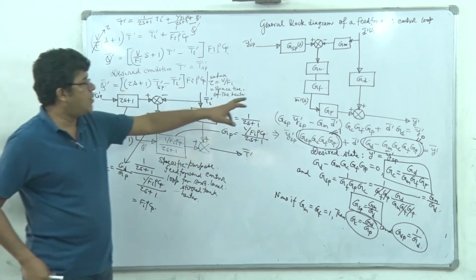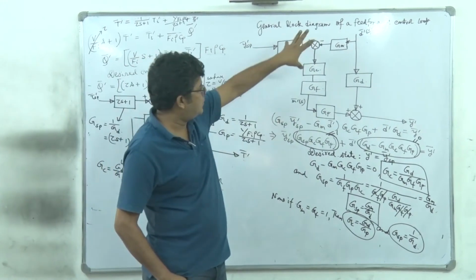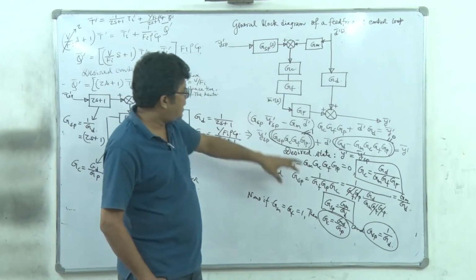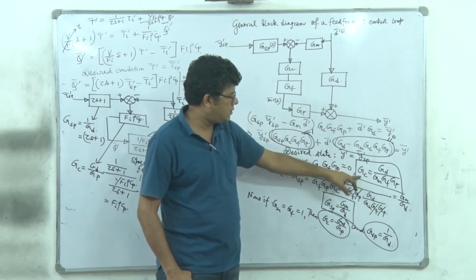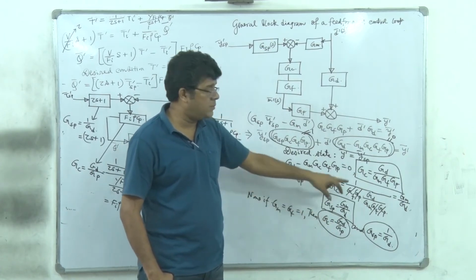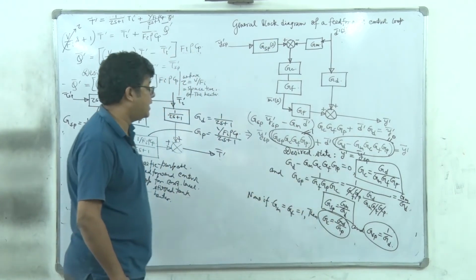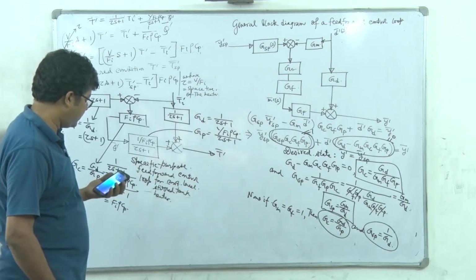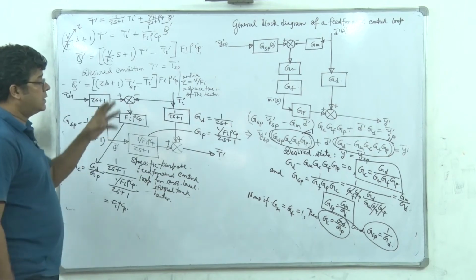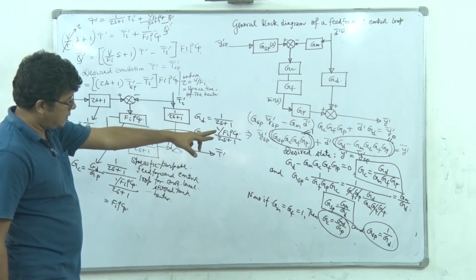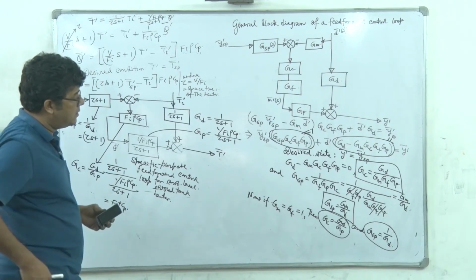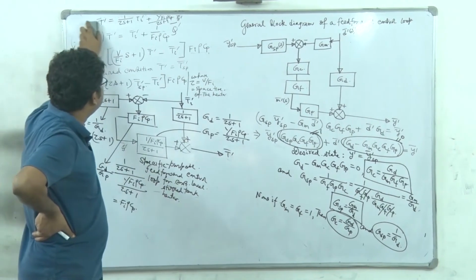So remember that any feedback loop, feed forward loop should have this general structure, right? And the respective controller's transfer function and set point block's transfer function we can find out from these two expressions.